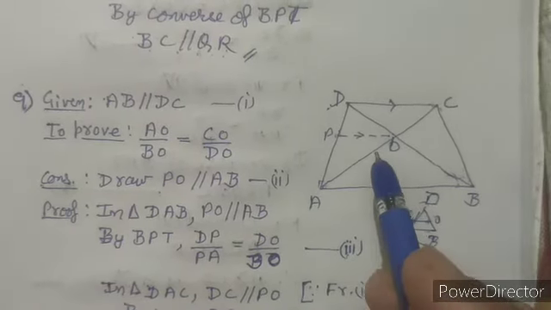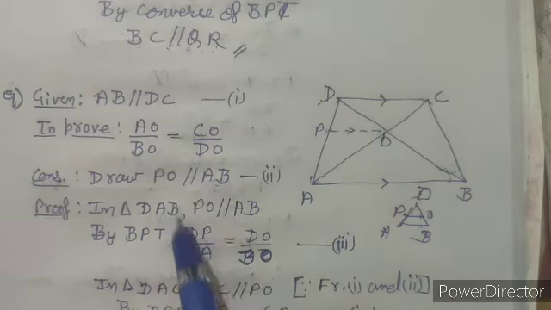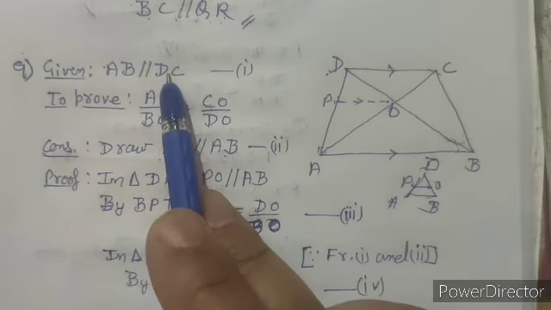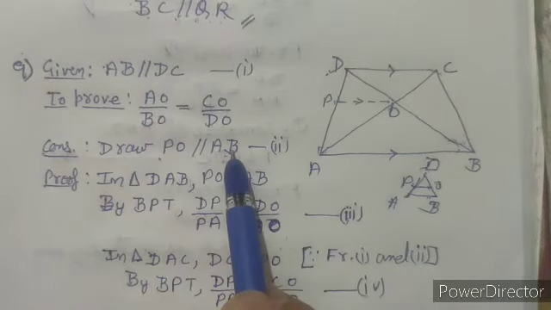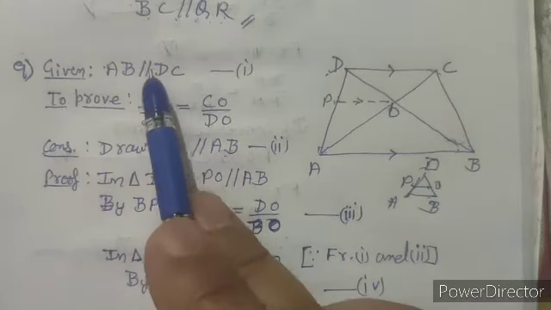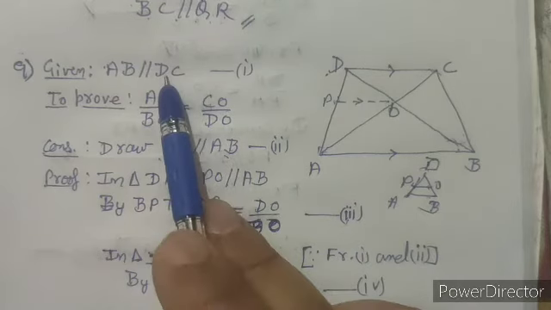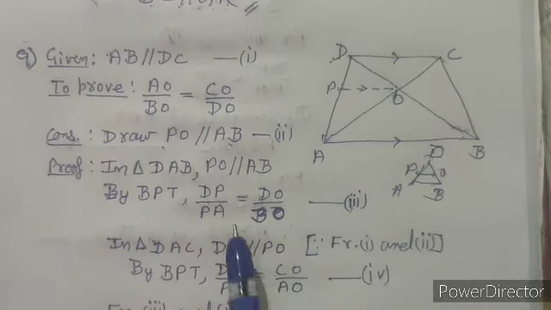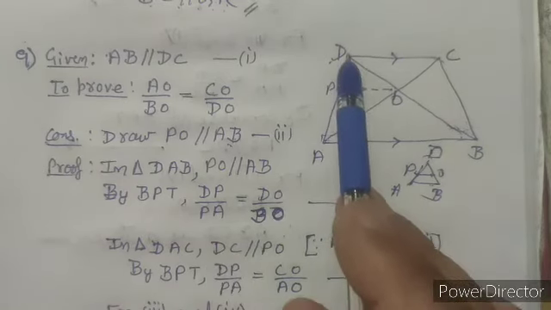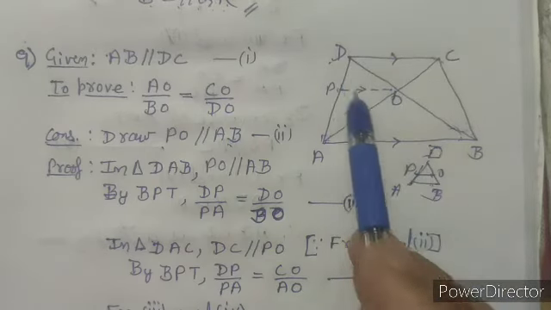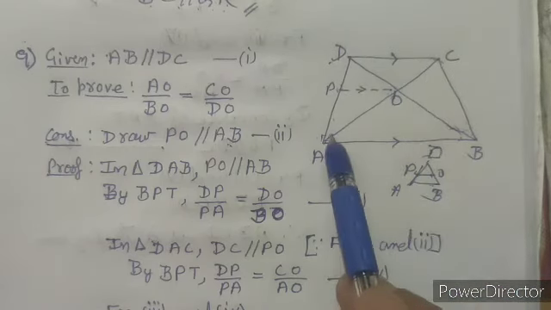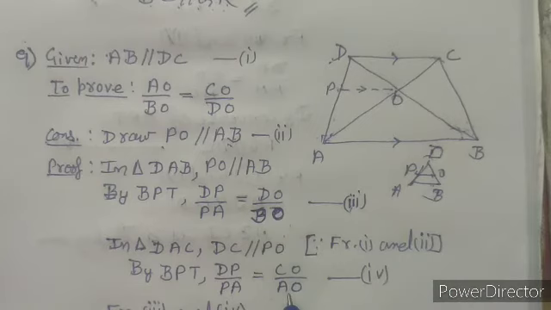Now again, we see that in equation first AB was parallel to DC and in equation second PO was parallel to AB. Now that means PO will be parallel to DC as both are parallel to AB. So PO is parallel to DC from first and second. PO is parallel to DC, and in triangle DAC, if PO is parallel to DC, then DP upon PA will be CO upon AO. This is our equation fourth.